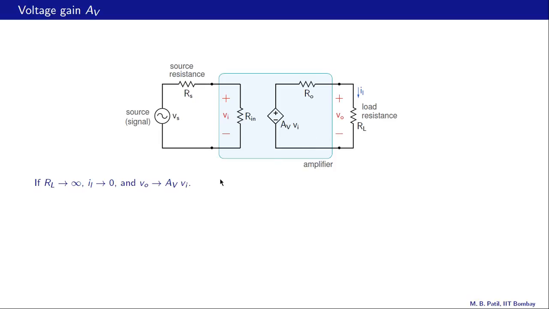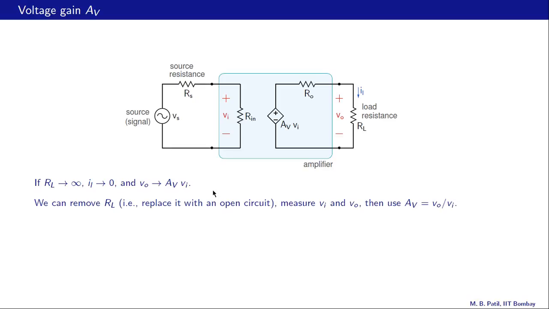So that suggests the following method to obtain AV. Remove RL, replace it with an open circuit, measure this voltage at the input of the amplifier, VI, measure VO, and then AV is given by VO divided by VI. As simple as that.